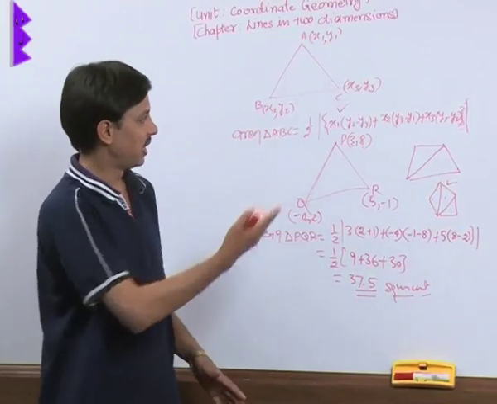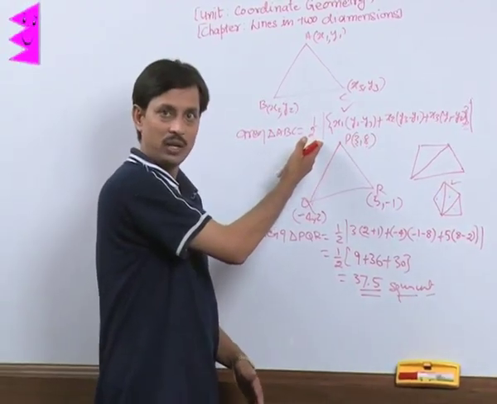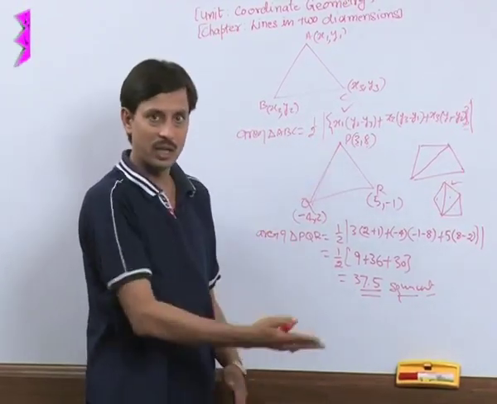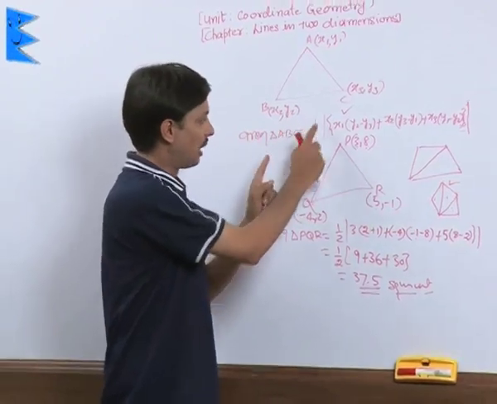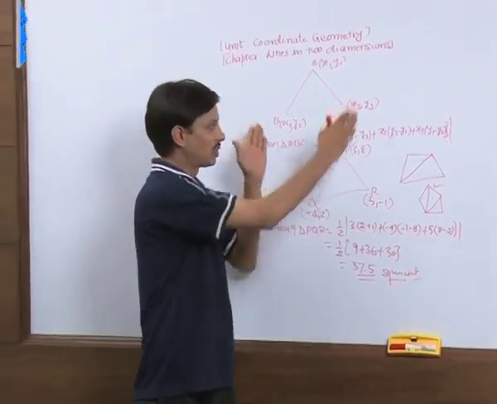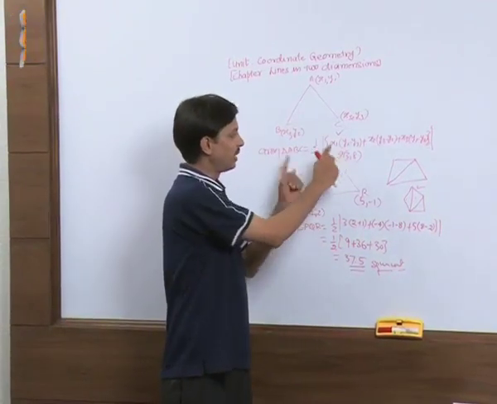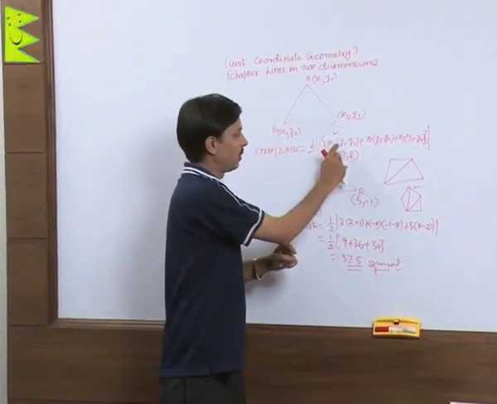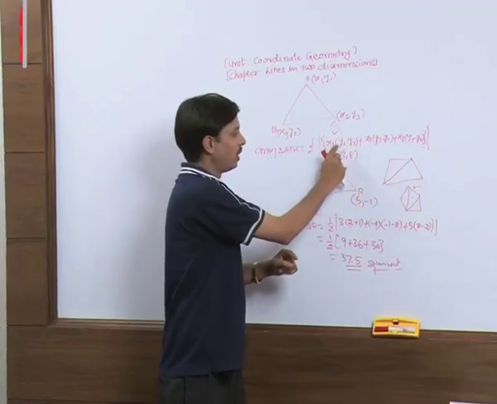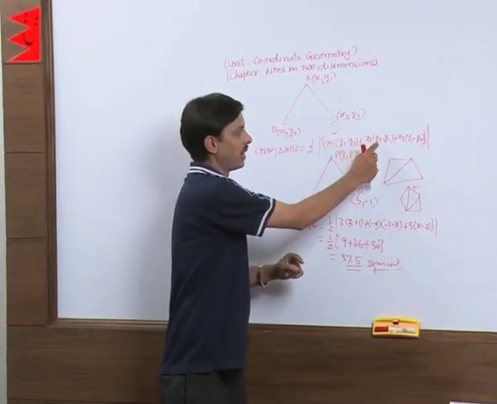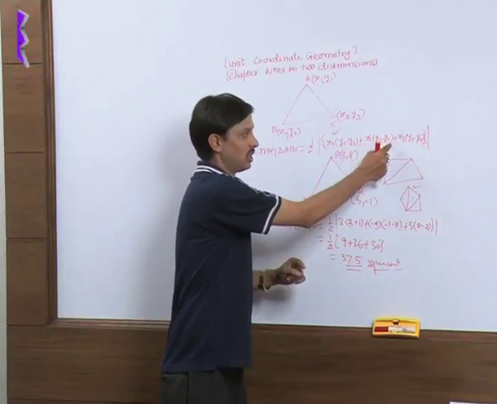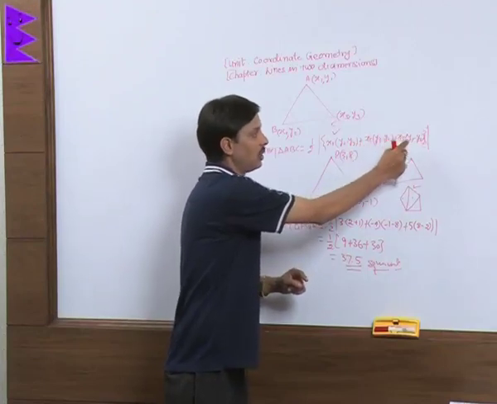As discussed, this formula is really very important. You have to remember it; the method of remembering is half and mod. Half is outside, inside the mod, x1 outside the bracket, inside are y2, y3, that is 1, 2, 3, then x2 with y3 minus y1, that is the sequence 2, 3, 1, then 3, 1, 2.